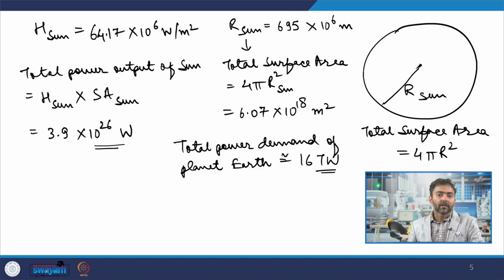One additional result in this context, when we talk about black body radiation and the radiation emitted by the sun, is the nature of the spectrum: at what particular wavelength does the solar spectrum peak?